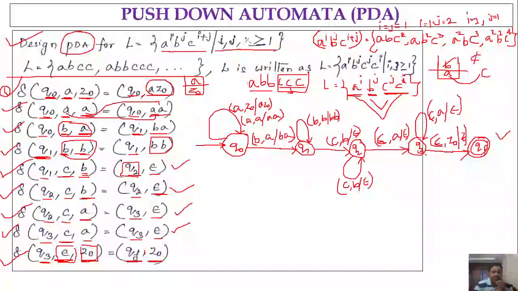And if the question is construct push down automata with empty stack for the given language, it means you are not going to have the final state, so this part you could ignore.